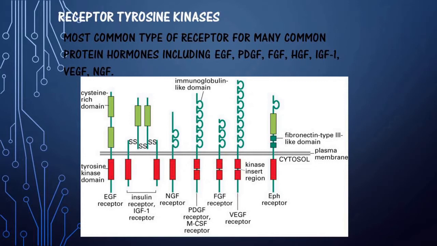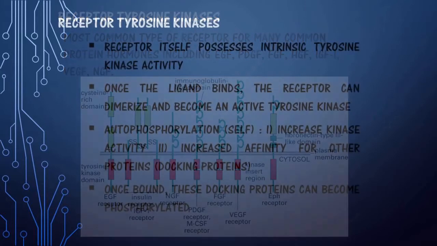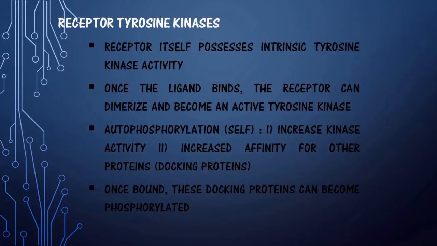We can see the common structure of the different types of receptor tyrosine kinases. They have a tyrosine kinase domain in the cytosol region, and the receptor itself possesses intrinsic tyrosine kinase activity.